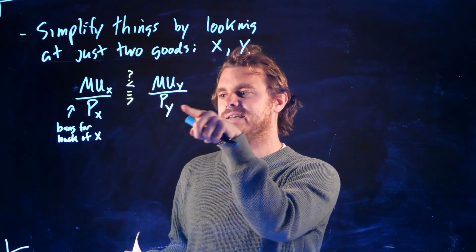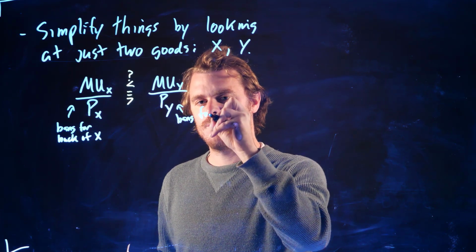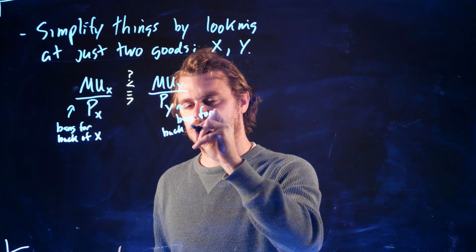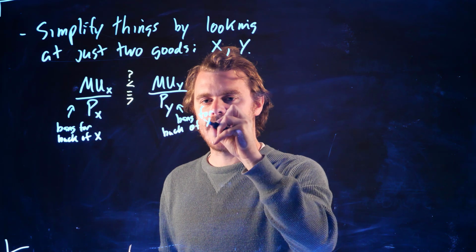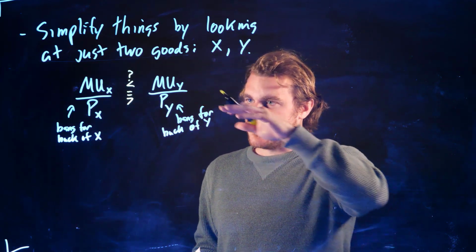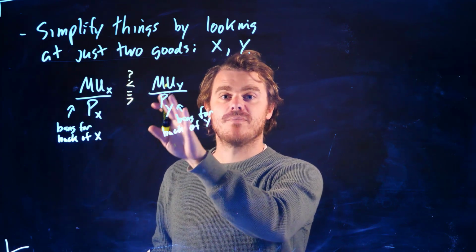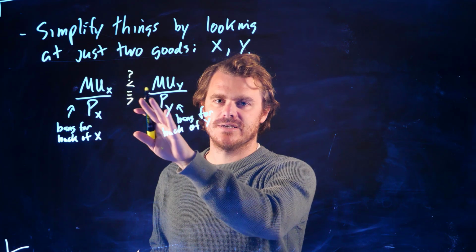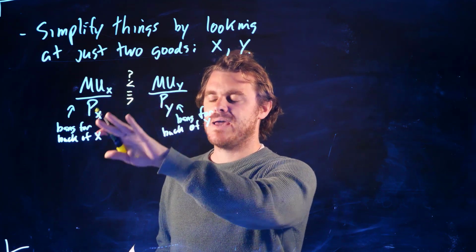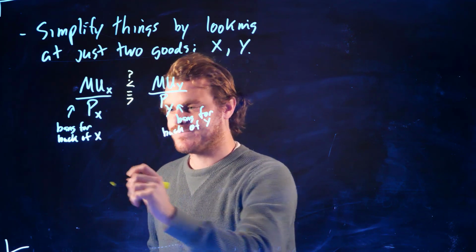And so on this right-hand side is the bang for the buck of good Y. All right, so this is how consumers are optimizing or maximizing their utility: they're comparing this bang for their buck, in this case between just these two goods, X and Y.